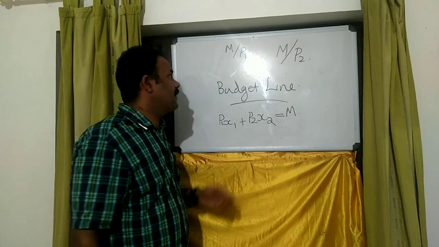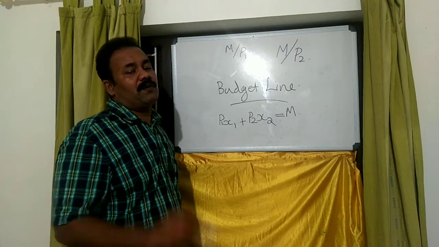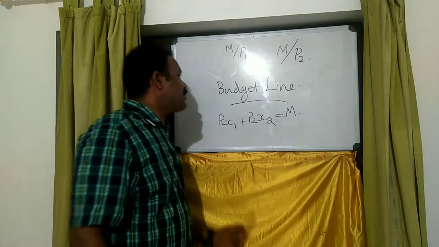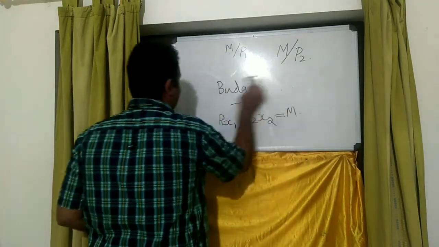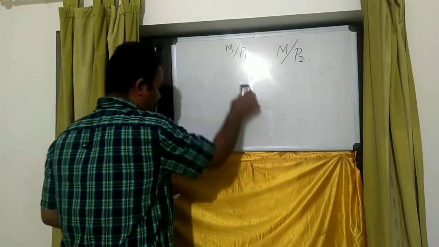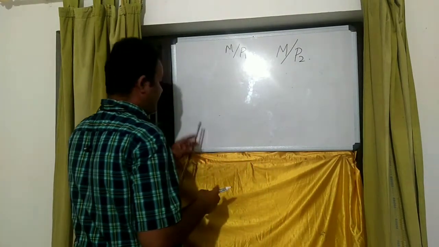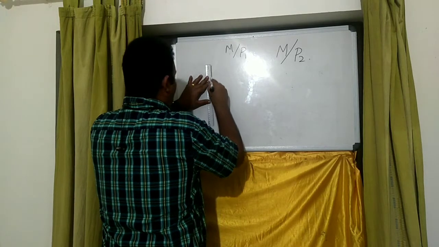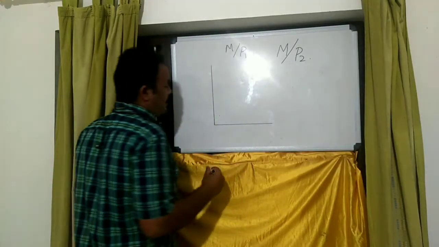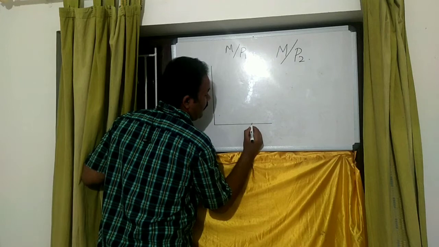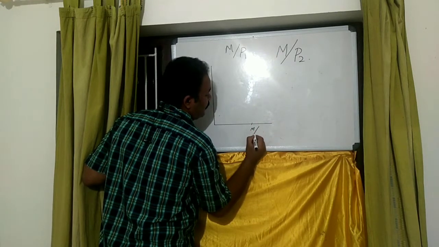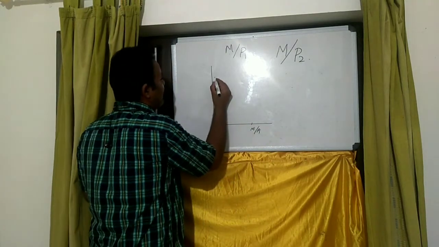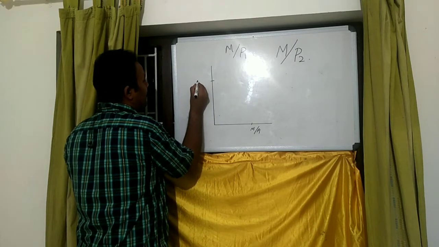Then by using M by P1, the horizontal intercept, and the vertical intercept M by P2, we can draw a budget line. We are representing M by P1, that is the horizontal intercept, and on the y-axis we are representing M by P2.